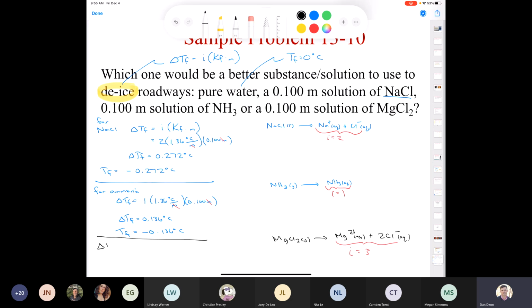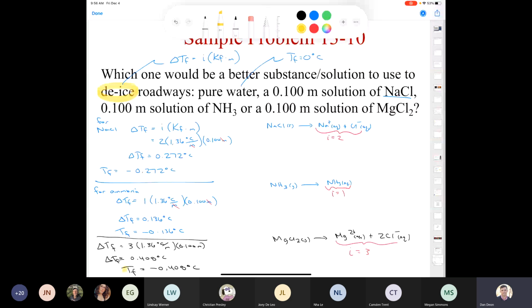You see that your delta TF is going to be equal to 3 times 1.36 degrees Celsius per mole times 0.100 mole. That means that our delta TF is going to be equal to 0.408 degrees Celsius. That means the freezing point of that solution is going to be negative 0.408 degrees Celsius.